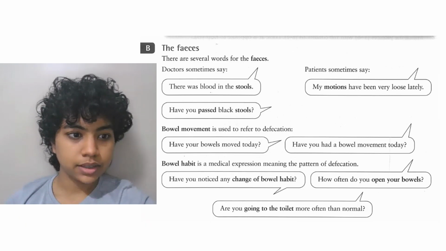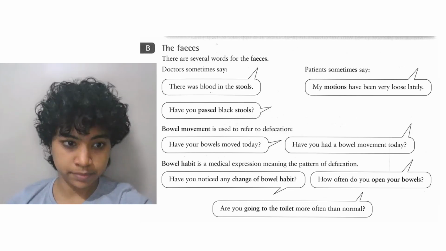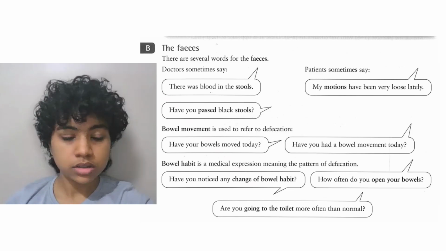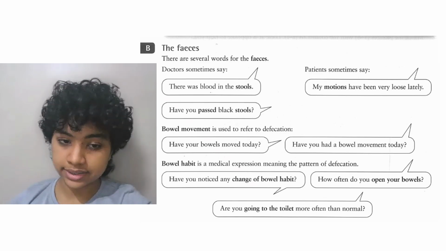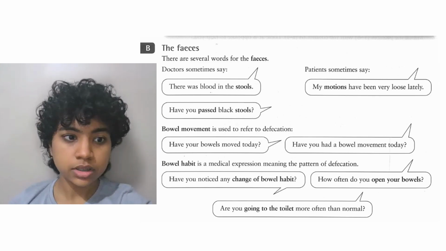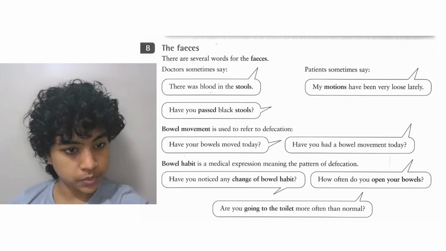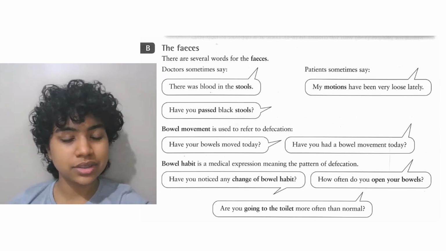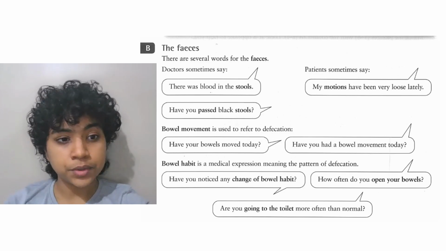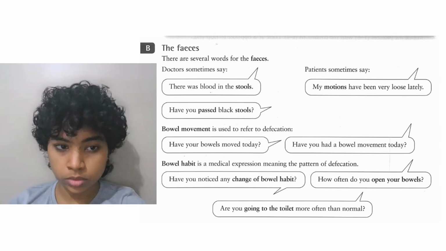Defecation. There are several words for defecation. Doctors sometimes say there was blood in the stools. Have you passed black stools?